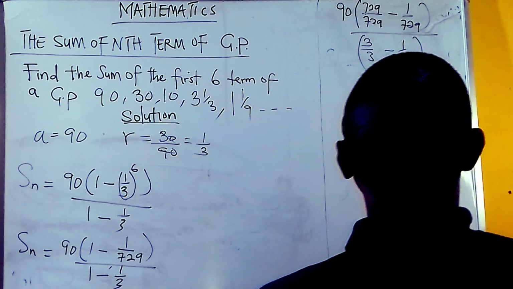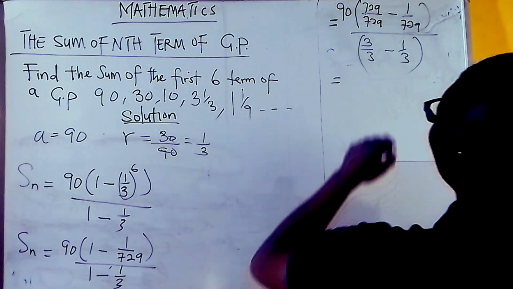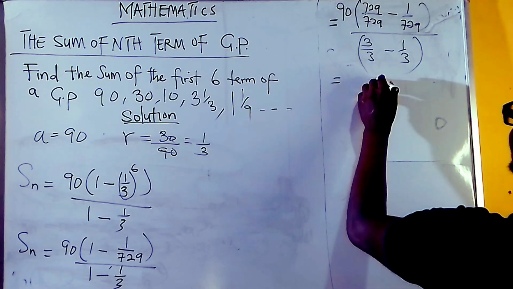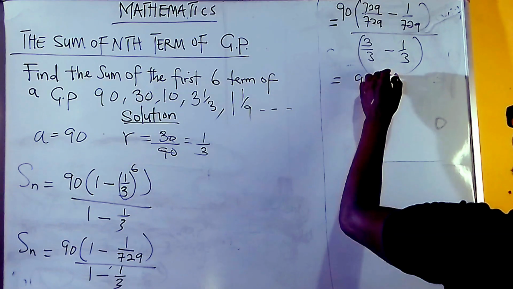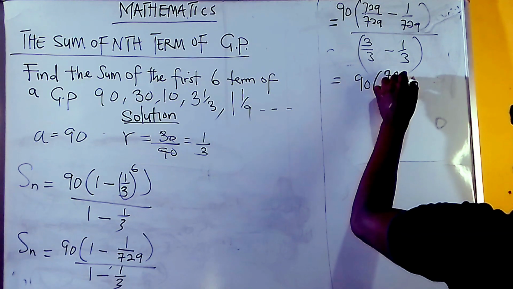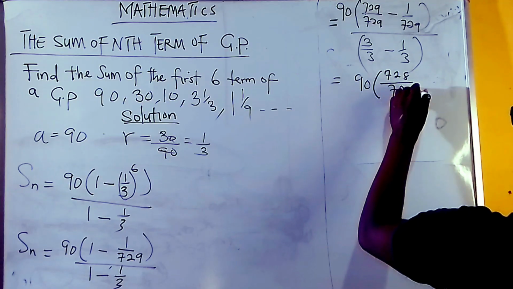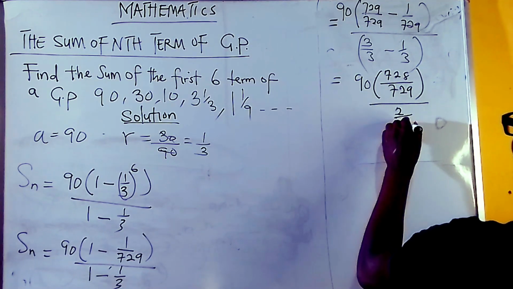Therefore, we can simplify further. So at this point, if you subtract this, we now have 90 times 728, because if you subtract 1 from it, all over 729, all over 2 over 3.